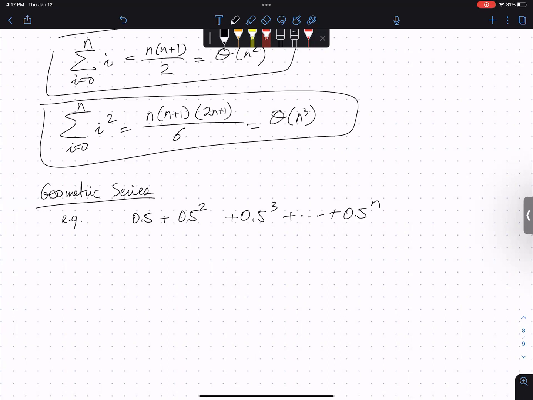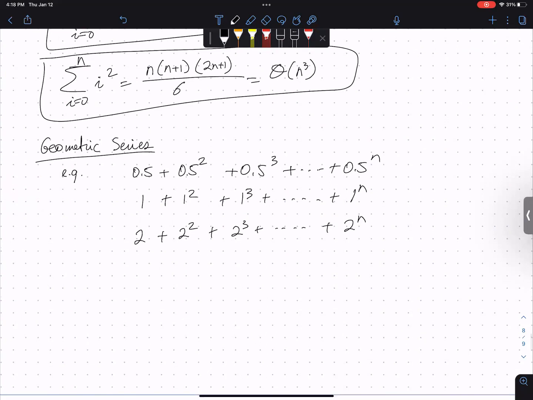This is a type of geometric series, or you might have, this is maybe silly, 1 plus 1 squared plus 1 cubed plus 1 to the power of n, or 2 plus 2 squared plus 2 cubed plus 2 to the power of n.